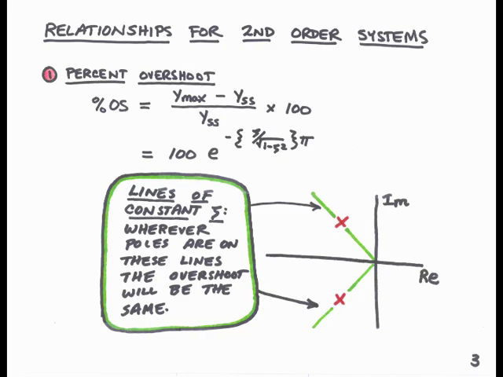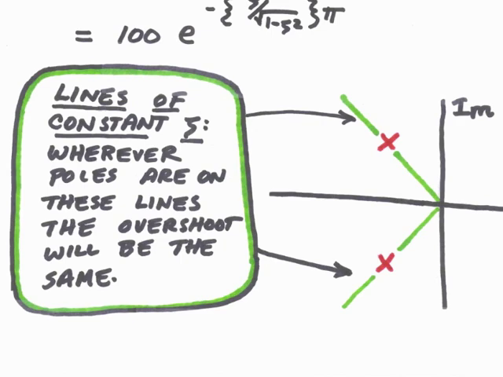And we know that lines of constant zeta are rays extending from the origin out into the complex plane. Since each ray of this kind can be associated with a unique zeta value, we know that no matter where a pole exists upon such a line, it will have the same max percent overshoot.